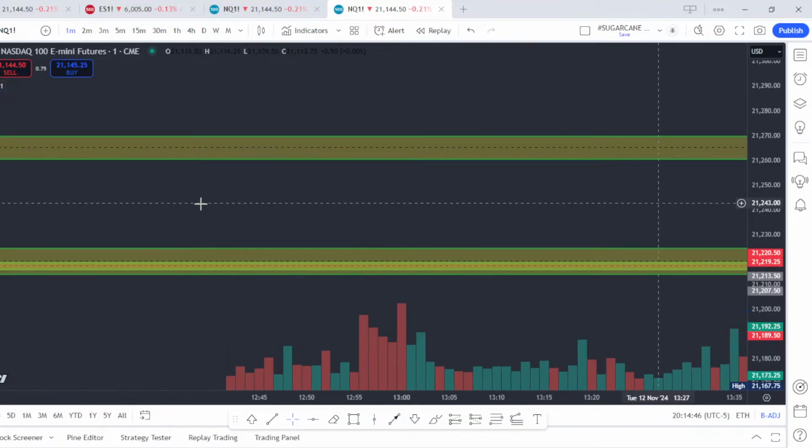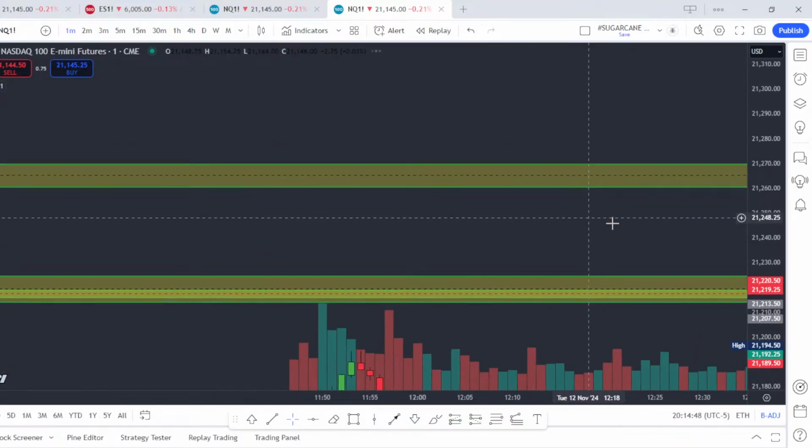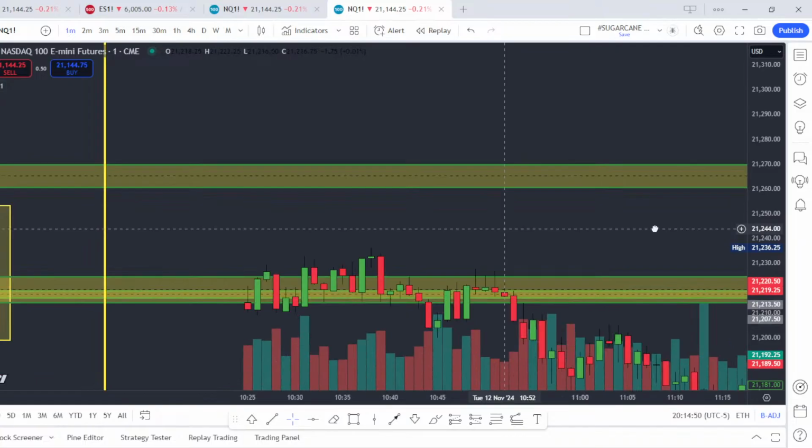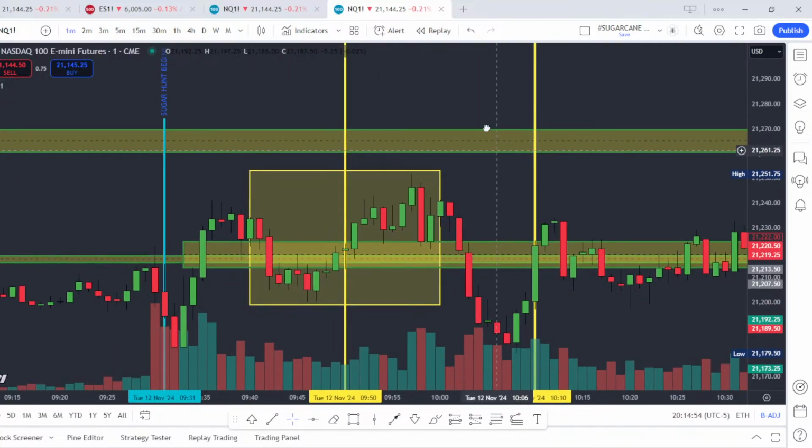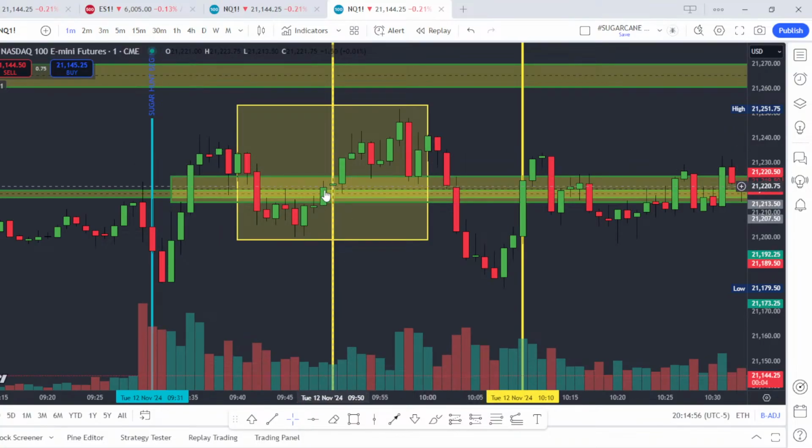Clearly, I would be looking to buy, right? Because I'm getting very large 5-minute bars to the upside right here. And I see a breakdown, break above, retest, buy right there.